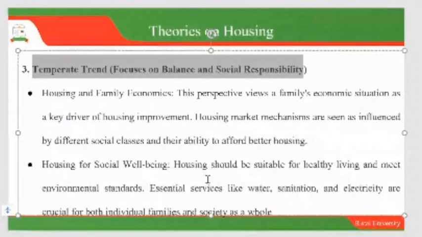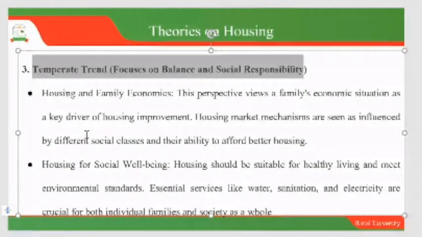So housing market mechanisms are seen as influenced by different social classes and their ability to afford better housing. So in other words, this theory specifically looks at someone's levels of income.